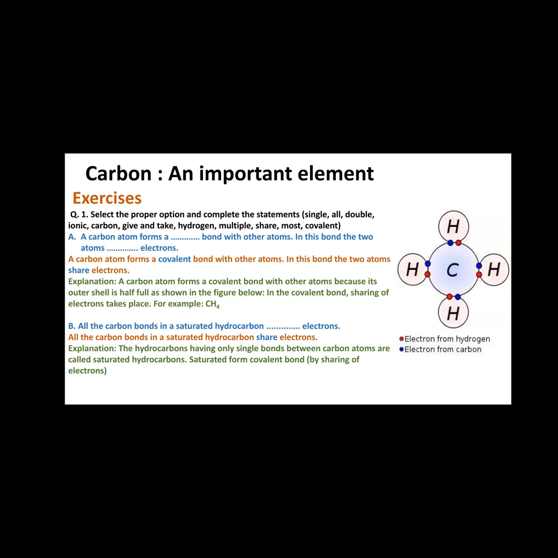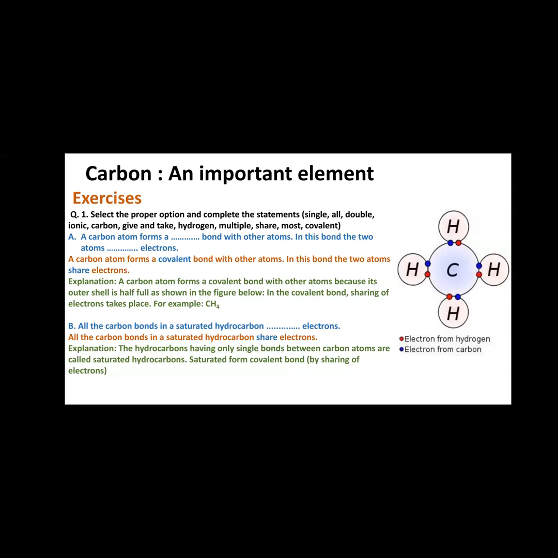Now explanation. A carbon atom forms a covalent bond with other atom because its outer shell is half full as shown in the figure. In the covalent bond, sharing of electron takes place, for example, CH4. By giving the figure for the CH4, that is methane, the 4 electrons of carbon are shared with the 4 atoms of hydrogen.